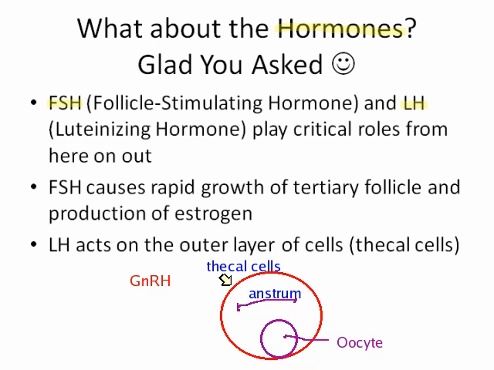And so you've got the follicle overall, that's outlined by the thecal cells. You've got the developing oocyte in the middle, and then you've got the surrounding tissue that is the antrum. You can see this actually really well in histology slides as well. All right, so there are 2 key hormones that are involved in this process, in addition to, of course, the estradiols, estrogen, and progesterone as well.